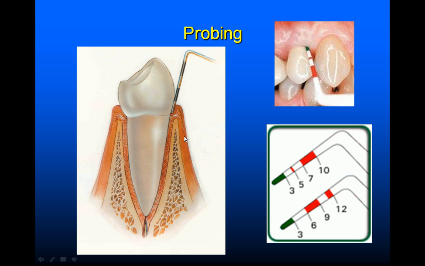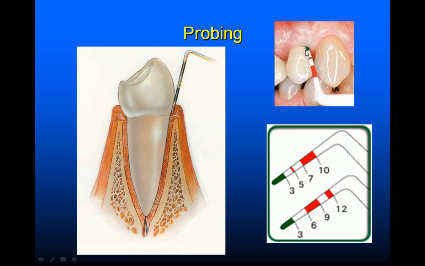So on the left side, this is just an illustration of where the probe is placed. On the upper right side, this is an actual picture of a person having probing done around this tooth. Some of the periodontal probes are color-coded, which makes them a little bit easier to read.